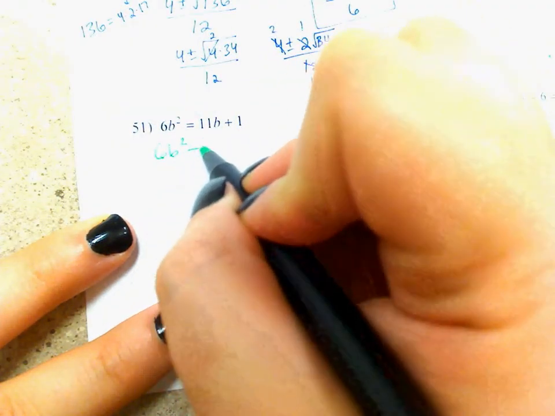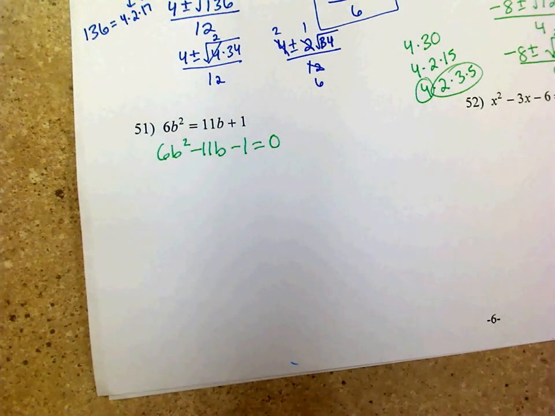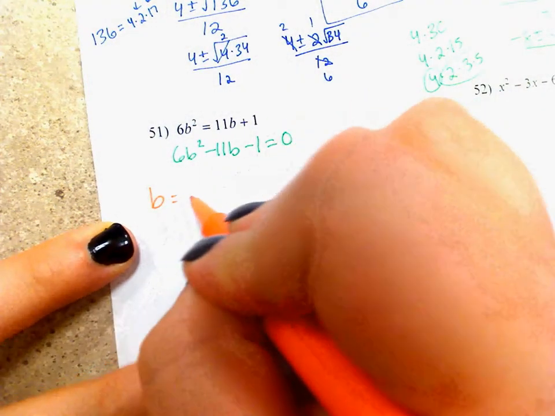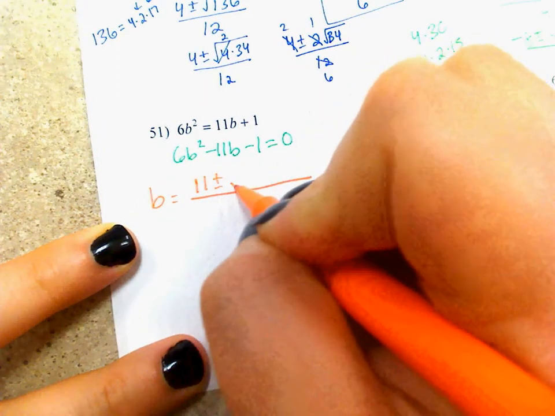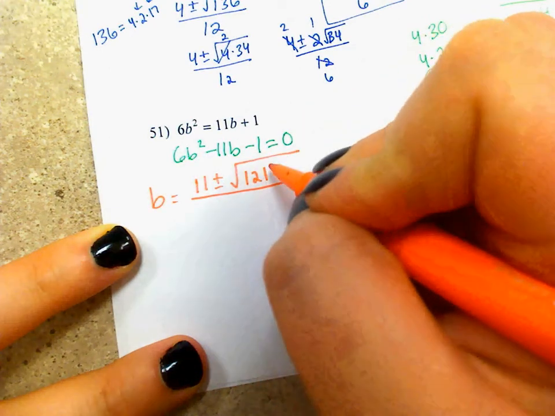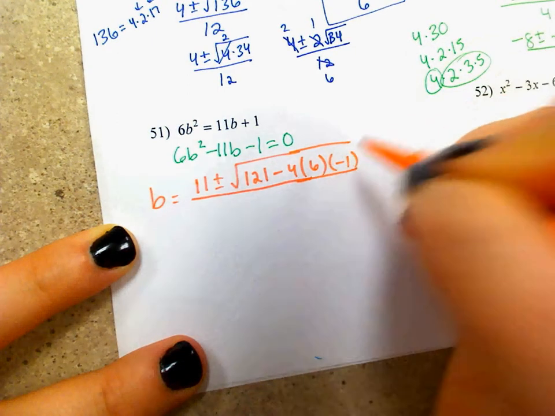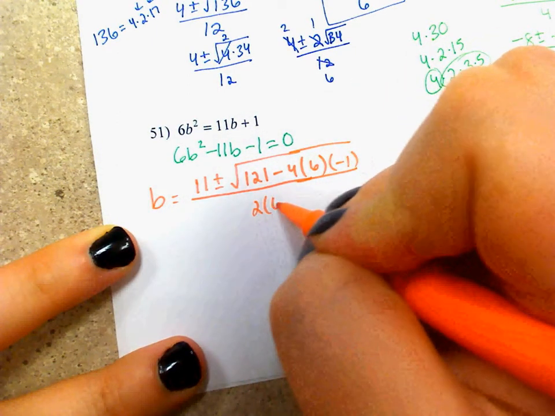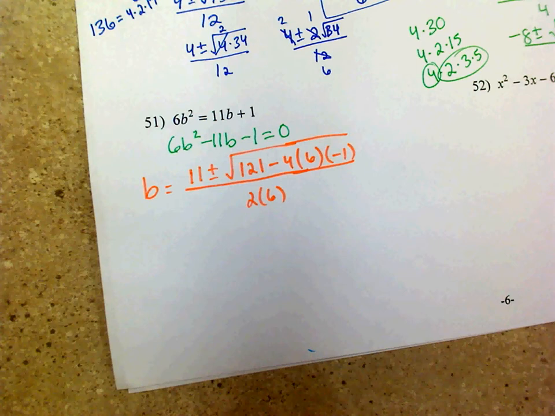So opposite of the middle term, so positive 11 plus and minus the square root of b squared, which is negative 11 squared, so 121, minus 4 times a, which is 6, times c, which is negative 1, all over 2 times a. 4 times 6 is 24, times 1 is 24, but it's a negative times a negative, which is a positive 24. So 121 plus 24 is 145.